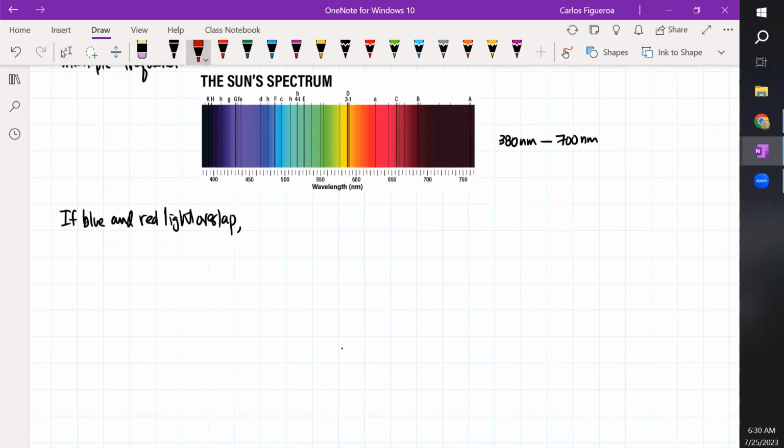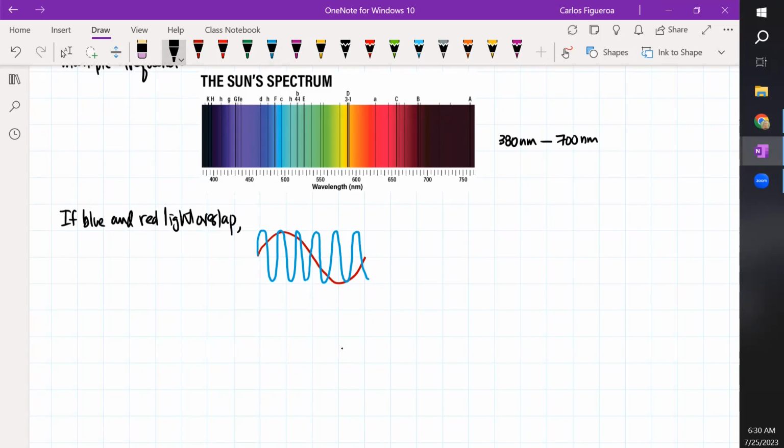So if I have red that looks like this, and then I have blue that looks like this, it is true that these waves are overlapping, but interference patterns are not going to really work very well.